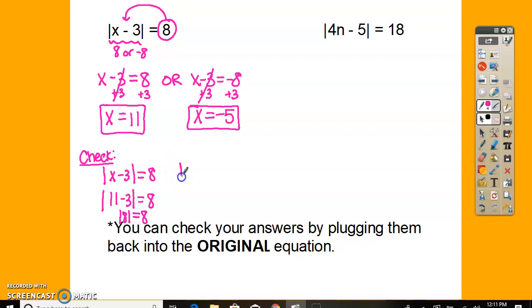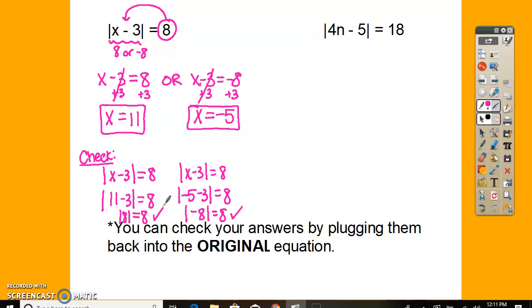Or our second option, the absolute value of x minus 3 again equals 8, but now I'm saying it's negative 5. So if I plug that in, the absolute value of negative 5 minus 3 is negative 8, and the absolute value of negative 8 is also 8. So both of these check out. To check your answer, just plug it back into the original equation.